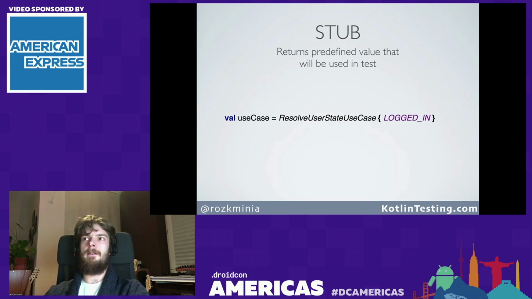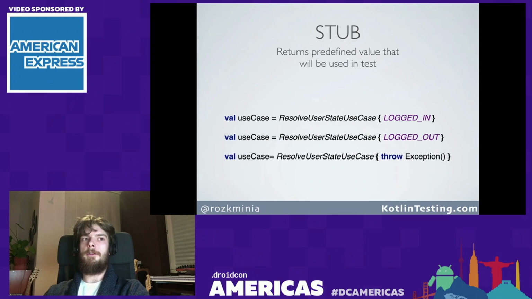If this is a fun interface with only one function, we can just pass a value here. And we will pass this value, other value, or throw exception from that method.